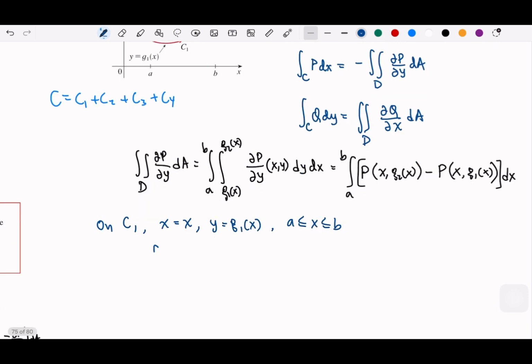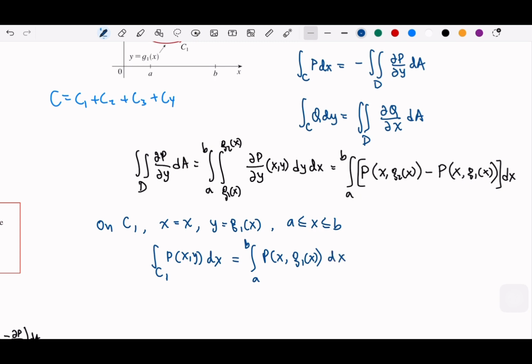So the line integral over C1 of p dx, we can set equal to the parameter x from a to b, and then input x and g1 of x, and then dx.